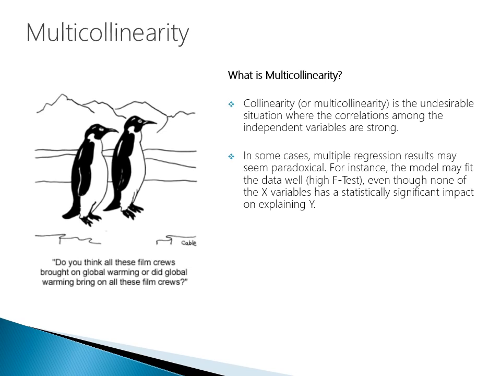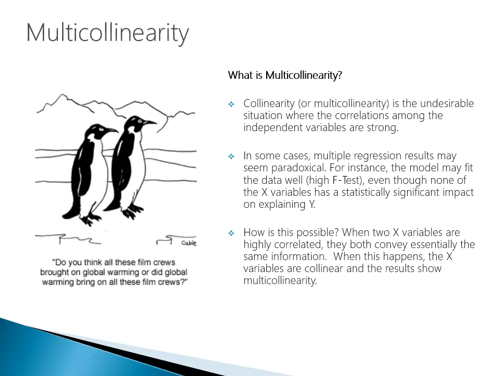For instance, the model may fit the data well and have a high F-test, even though none of the x variables has a statistically significant impact on explaining why. How could this be? How can I have variables that aren't statistically significant taken independently, but then collectively as a whole offer explanatory power? To me, that is a telltale sign that you have collinearity.